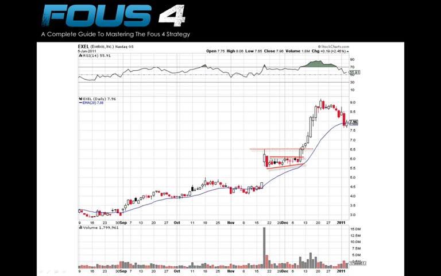As soon as it broke above, you got that spike in volume, plus this big move in price action and a strong candle, which actually retested the past high on the first day. But as soon as it broke out above there, it went from $6.50 all the way up to $9 per share in just about 8 or 9 days. So this is another great example of a survival pattern.